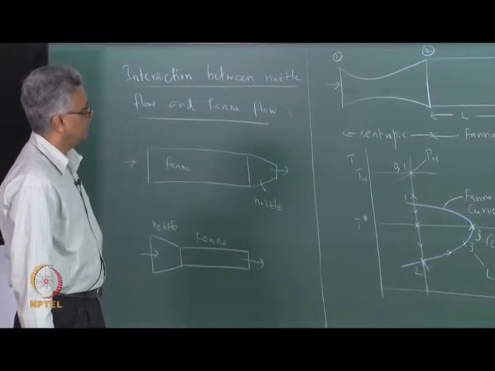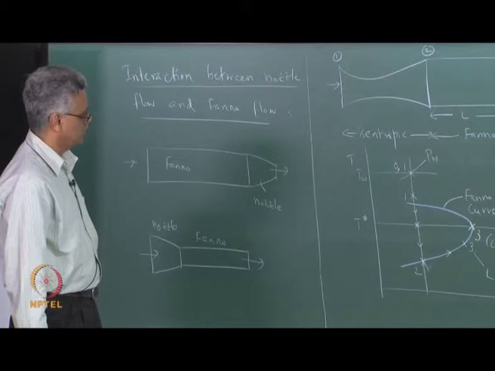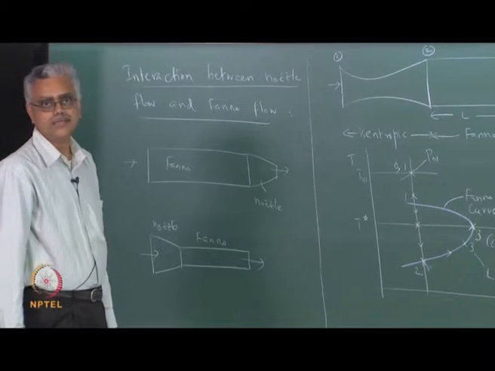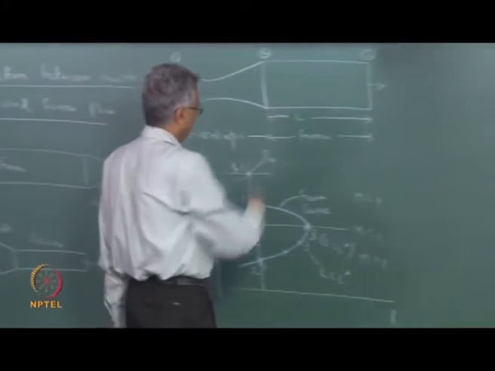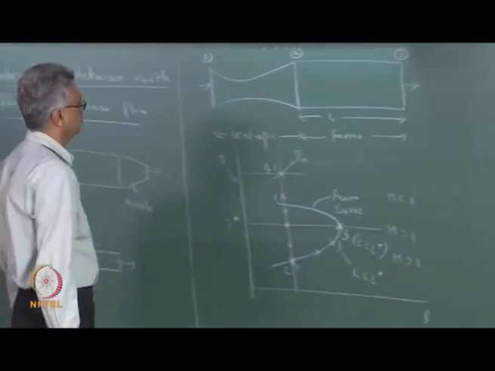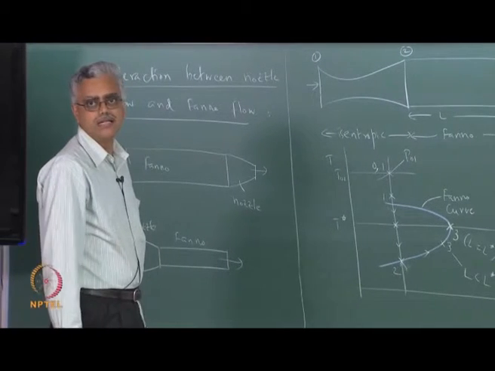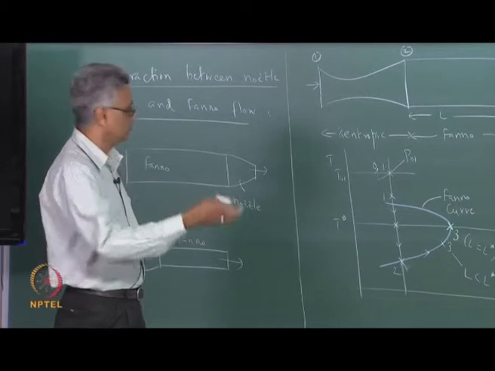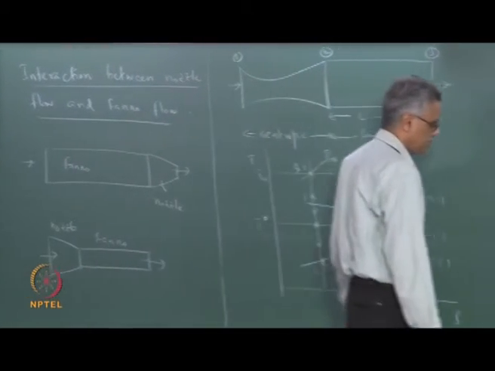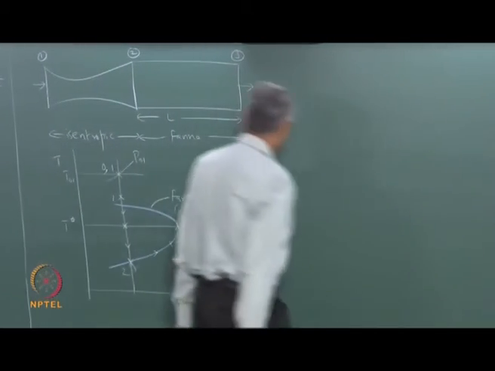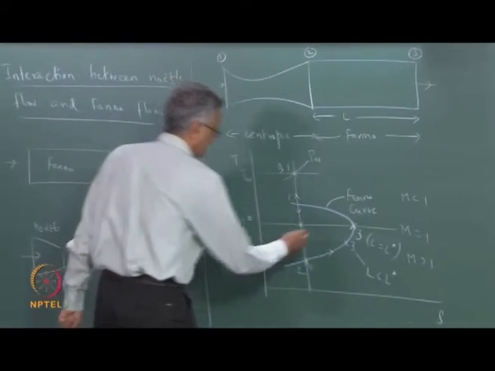Now, if L is actually greater than L star corresponding to M2, then there is going to be a normal shock in the duct somewhere, and then the flow becomes subsonic across the normal shock, and then it goes from there. So, the same situation, if I try to illustrate on this diagram, then the flow may go something like this.